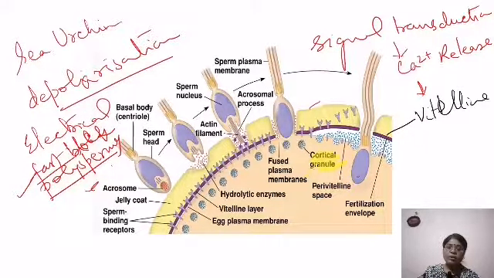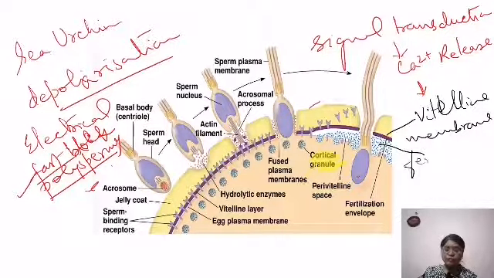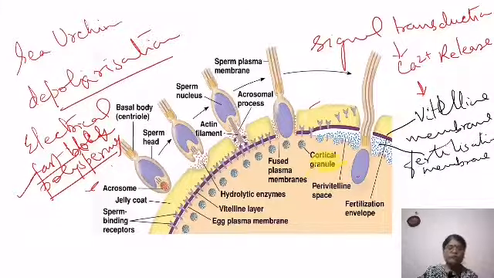You know that the vitelline membrane is formed by the extracellular material of the egg, and this vitelline membrane then raises up. This layer, with the cortical granules, forms your fertilization membrane, which doesn't allow any sperms to enter.